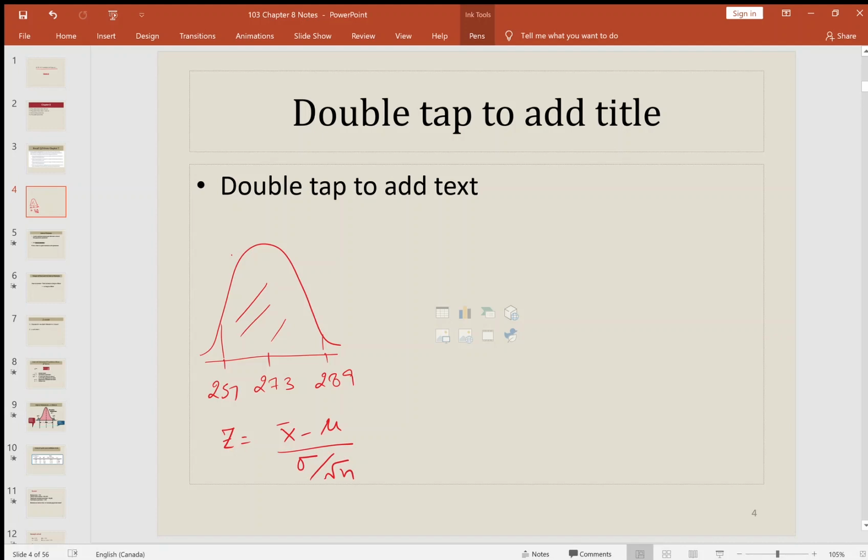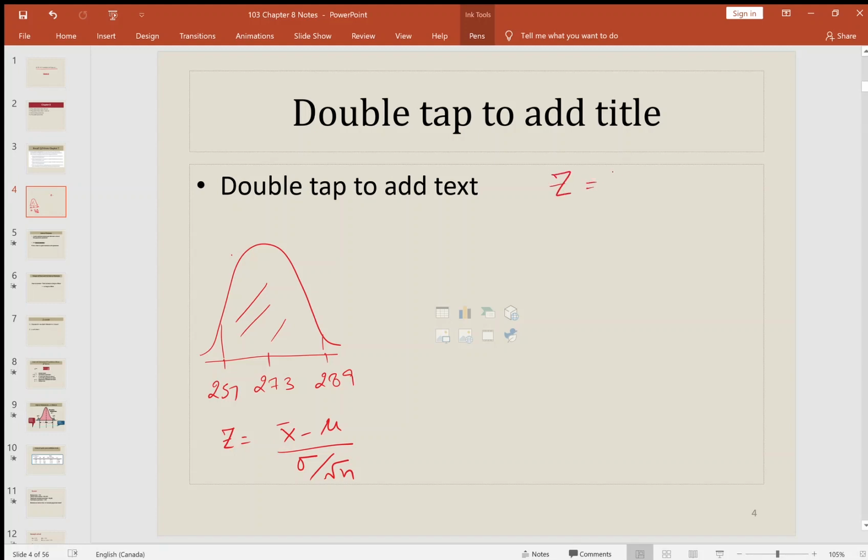Now in this chapter we're going to look at how you estimate the population mean mu if it is unknown and we only know the sample mean. So essentially we'll rearrange the formula from chapter 7. Let me write the formula once again.